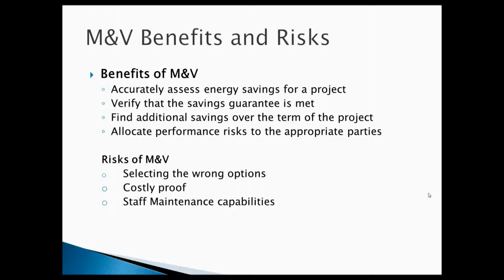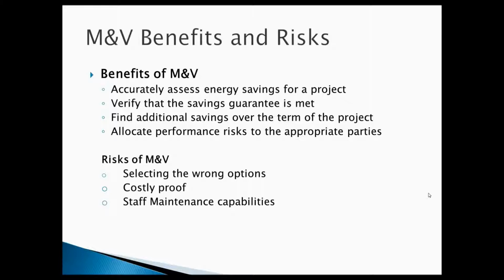You can select the wrong option. Rob talked about the options, and the first option, option A, which is a stipulated option, and it's usually lighting, means that, you know, you took out T12s, you put in T8s, you're saving 4 watts for this many hours a day. Here's what your savings is going to be.